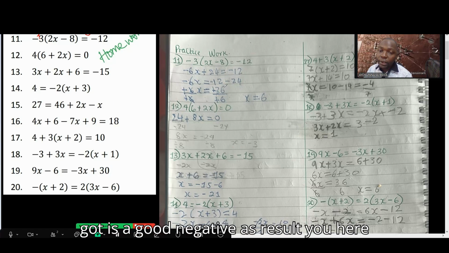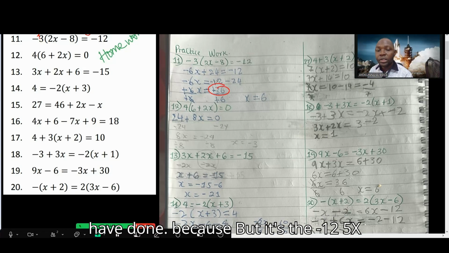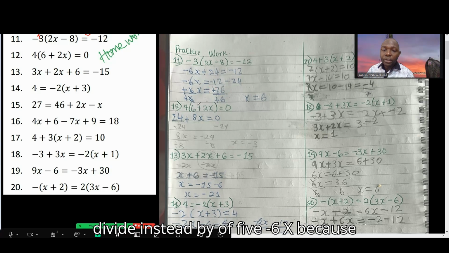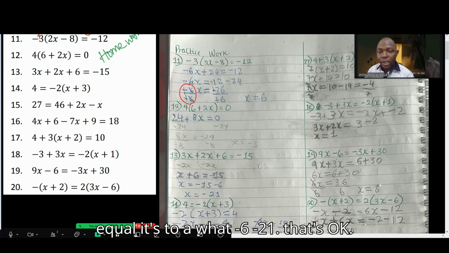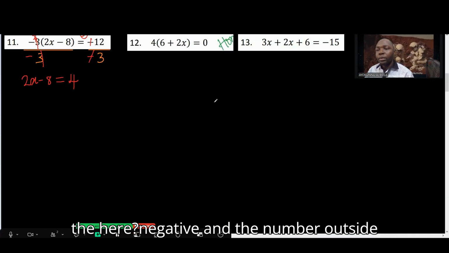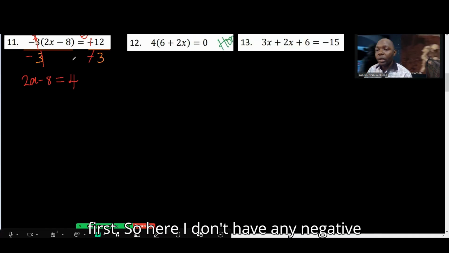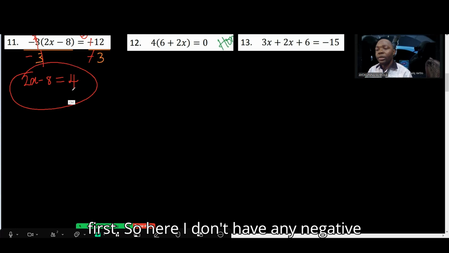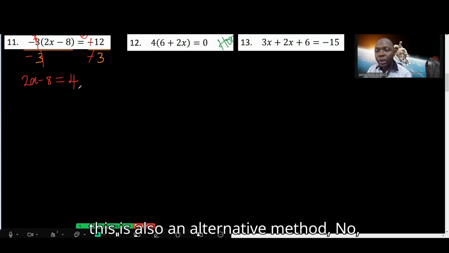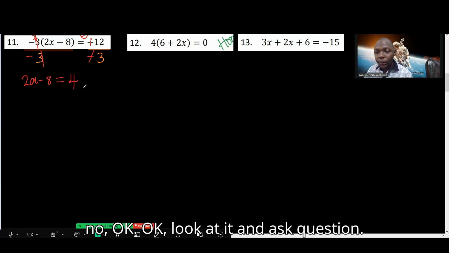And finally, you got a negative result here because it's negative 12 and negative 24. With that, you were able to divide by negative 6 because it's a negative 6 that's beside the x. But I chose to eliminate the negative and the number outside first. So here I don't have any negative. Your work is correct, but this is also an alternative method.